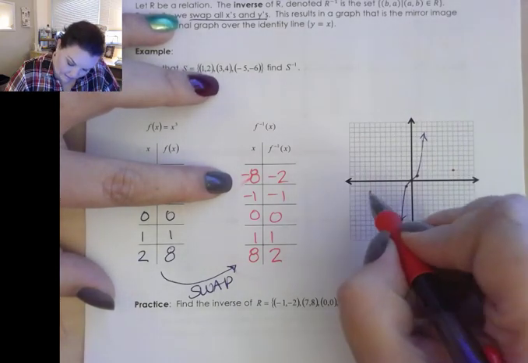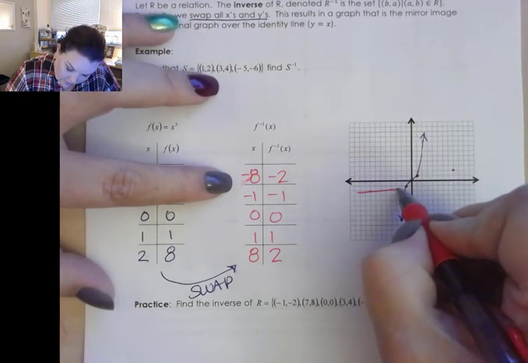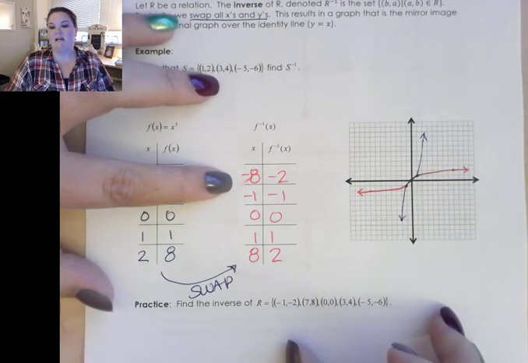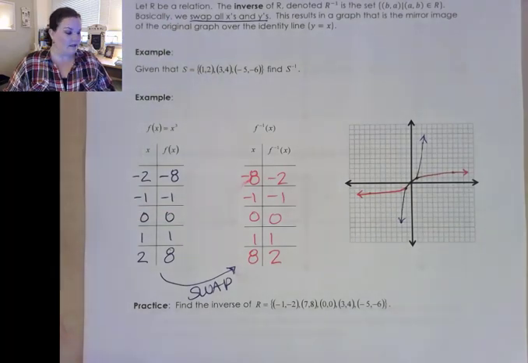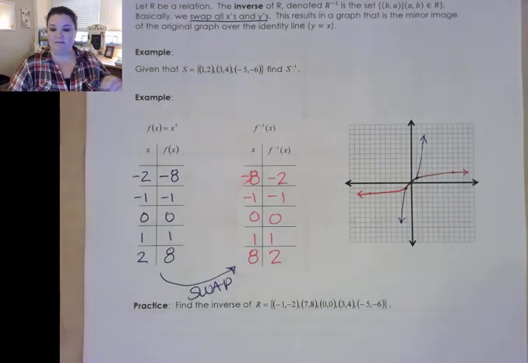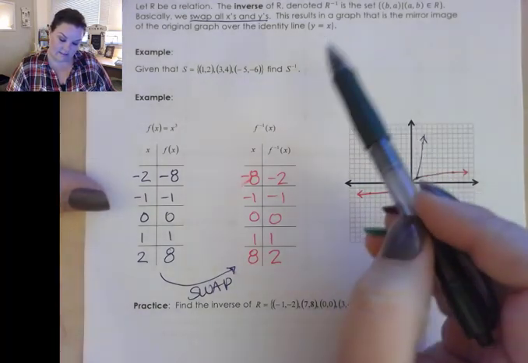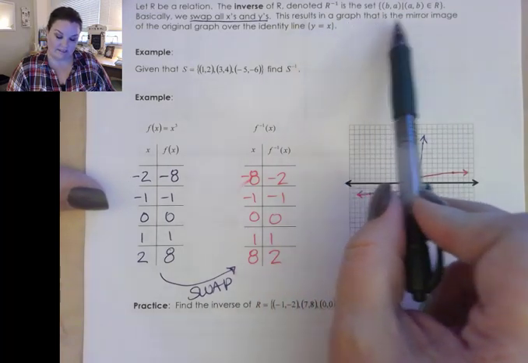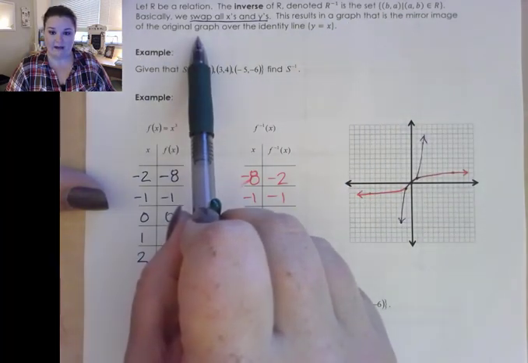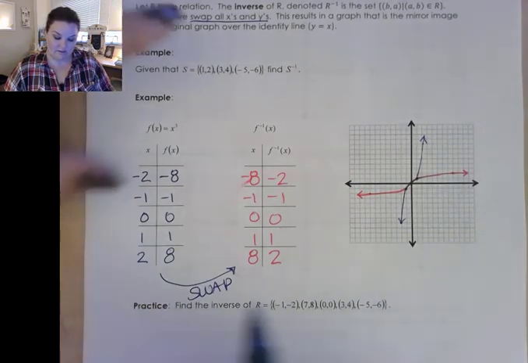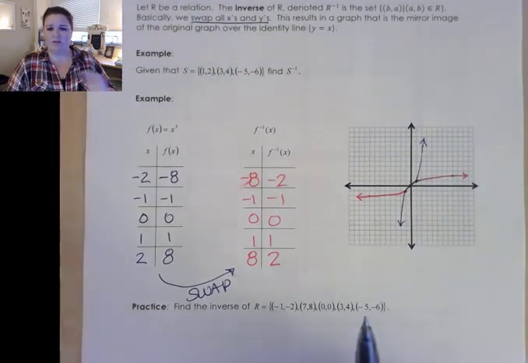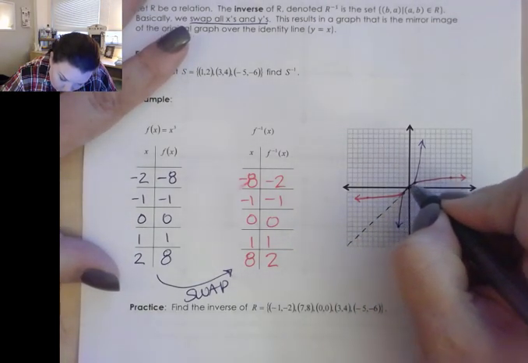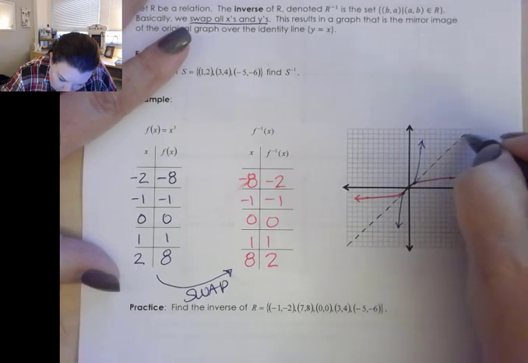So notice when I connect these dots, I'm still getting that same shape that I got originally, but now it's going the opposite direction. And notice in our definition here, it says that when we graph our inverse, it results in a graph that is the mirror image of the original graph over the identity line. So the identity line is y equals x. That's where all of our x's and y's are equal. So that would be this line that goes straight through the origin, right?